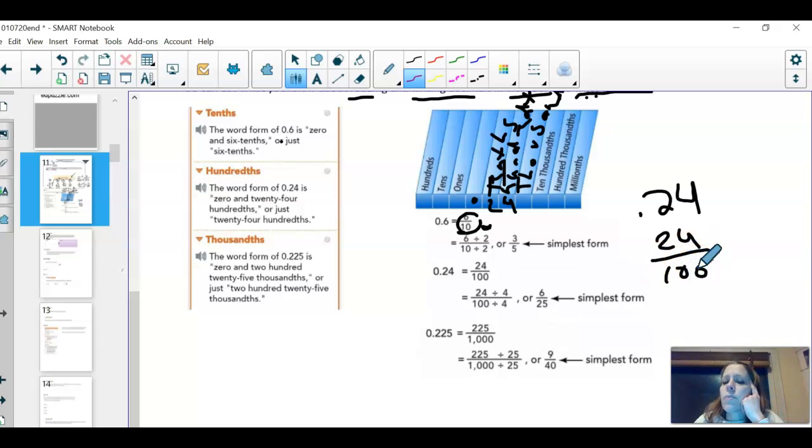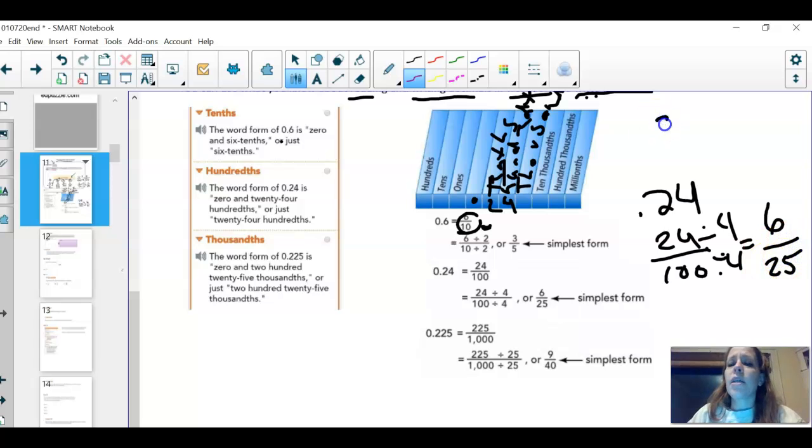And I'm going to look for something I can divide, a number I can divide both of these by, okay? Entonces yo voy a buscar los números y yo necesito pensar sobre un número que yo puedo dividir los números entre, okay? So I'm going to start with 4. And that gave me 6 over 25.